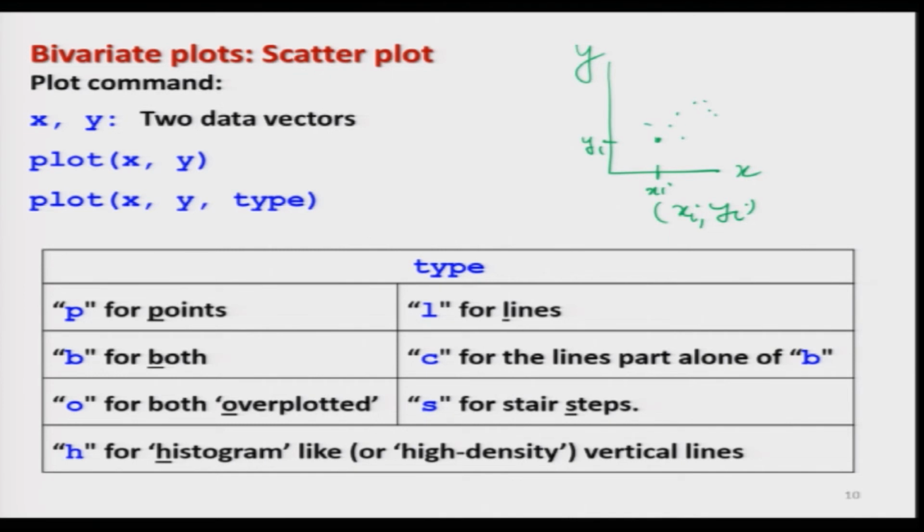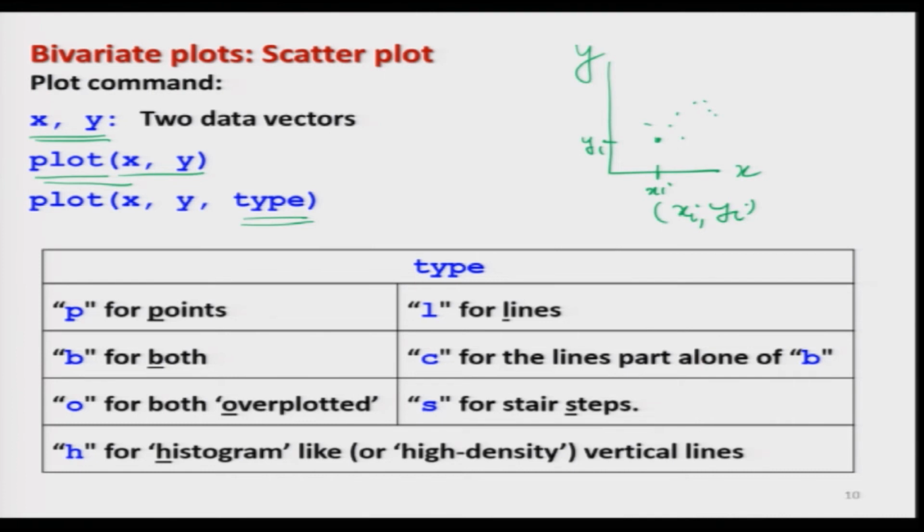Suppose I have a data set in two data vectors, say x and y. Then the command is plot, x comma y inside the parentheses, and after this there are different options available that can make the graphics as informative as you want.